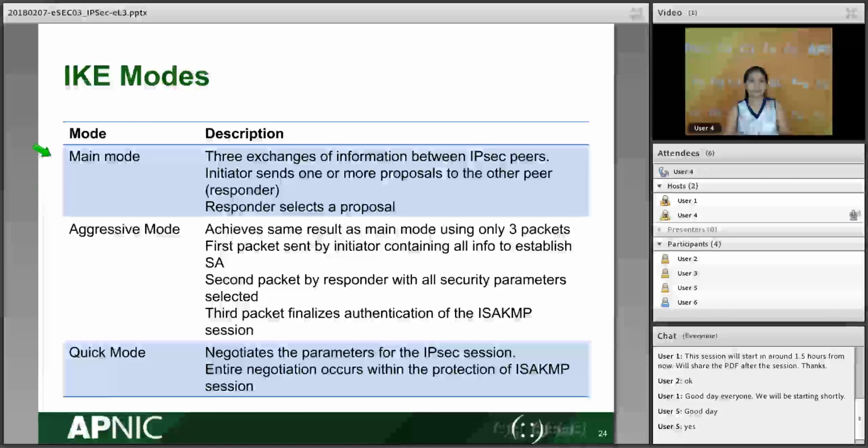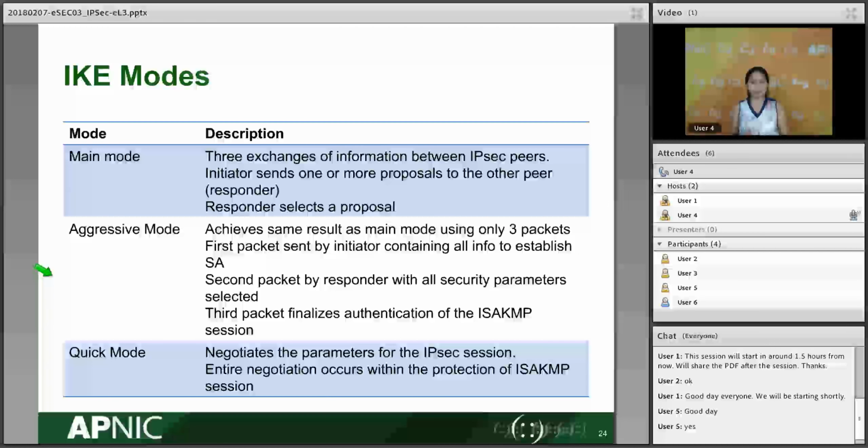All right. These are actually the three modes here, just a list of what they are and some description of these modes. Again, you have two phases in IPsec, phase 1 and phase 2. We're talking about IKE version 1, which has two phases. In phase 1, you have options to use either main mode or aggressive mode. The default is main mode.